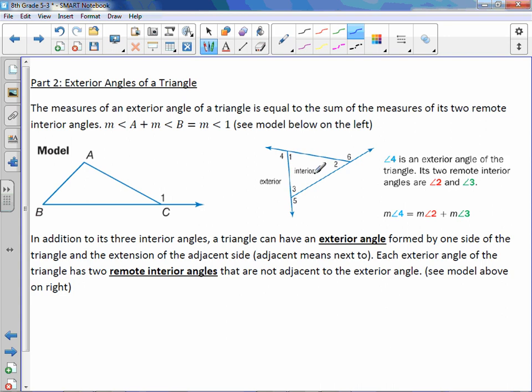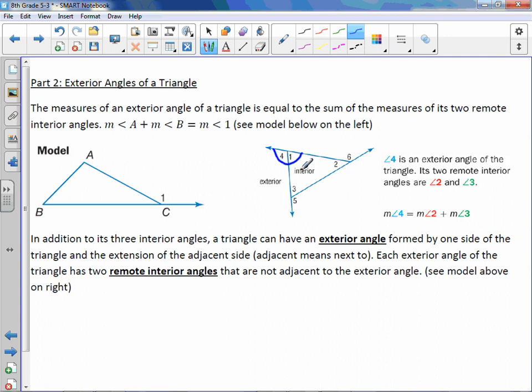Angles 1, 2, and 3 are interior angles because they are inside the triangle. Angles 4, 5, and 6 are exterior angles because they are outside the triangle. Now, what's important to know here is that two angles, such as these two, 1 and 4, form a straight line, which is 180 degrees.